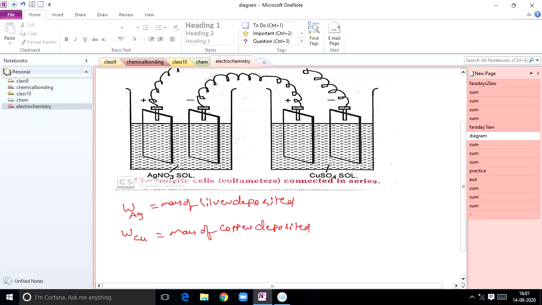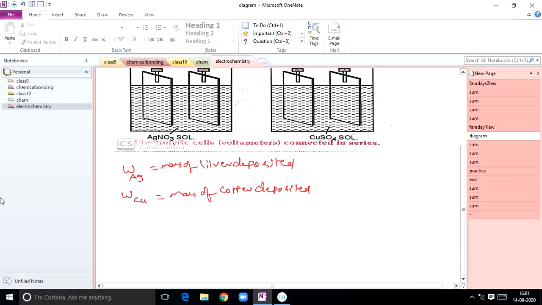Next, you can take E Ag, capital E Ag, means the equivalent weight of silver, and at the same time E Cu represents the equivalent weight of copper.